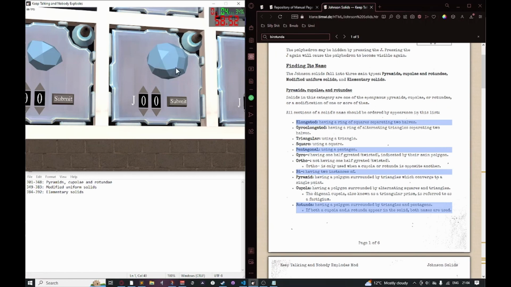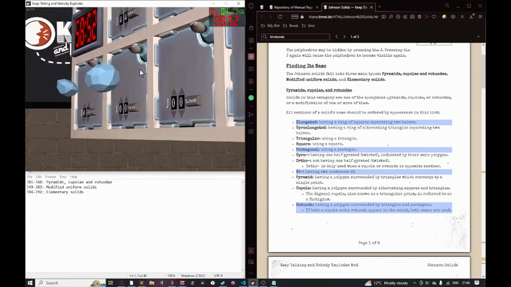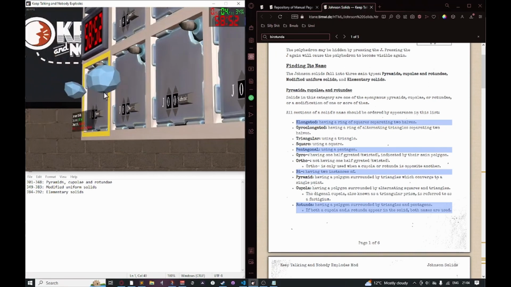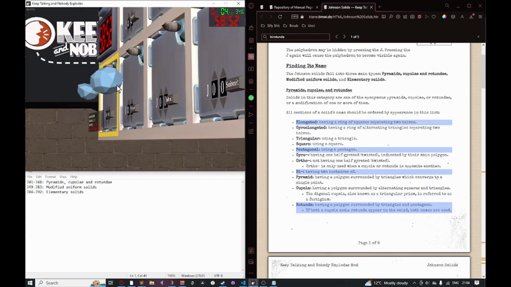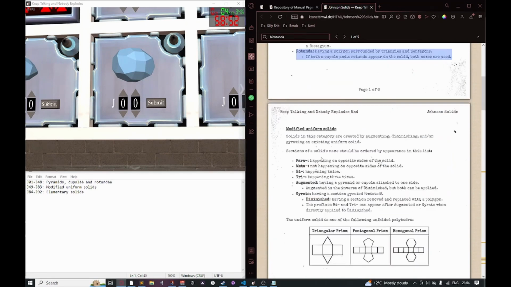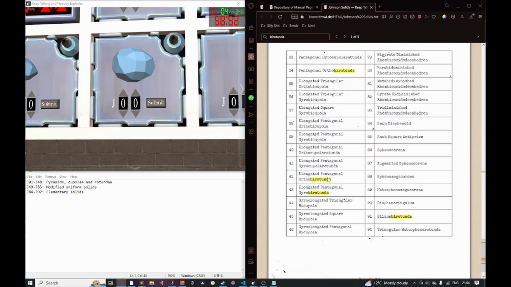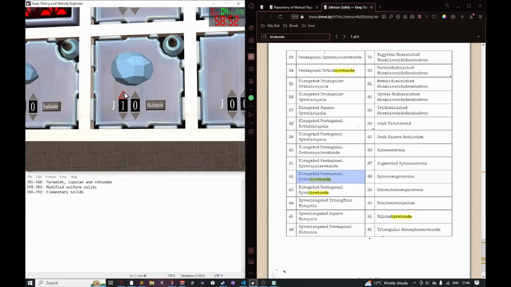That would be parallel to this edge here, which is parallel to this edge, which is parallel to this edge, which is now an edge on the opposite main polygon. So that means that these two halves line up, which means they are ortho. So we have an elongated pentagonal ortho birotunda. We go down to here, we see that elongated pentagonal ortho birotunda is 42.